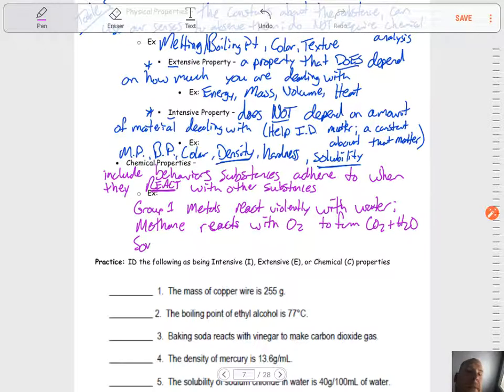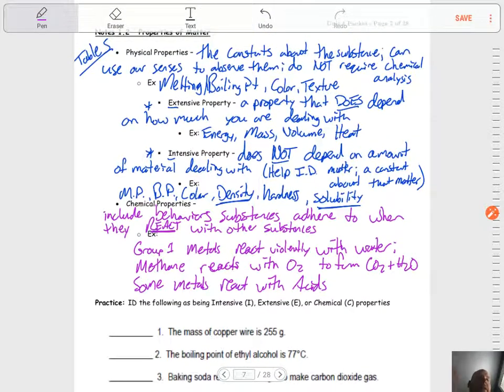Some metals react with acids, some don't. Basically, if you can observe it, it's more of a physical property, whereas chemical is dealing with some type of reaction. The thing you probably thought chemistry is all about, where you can see things blow up or not, that's your chemical property.